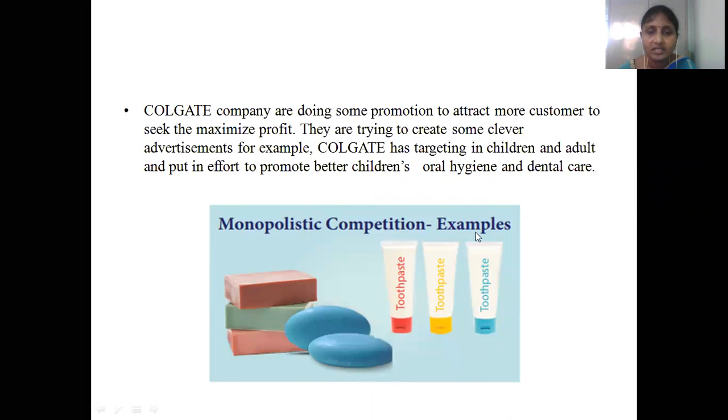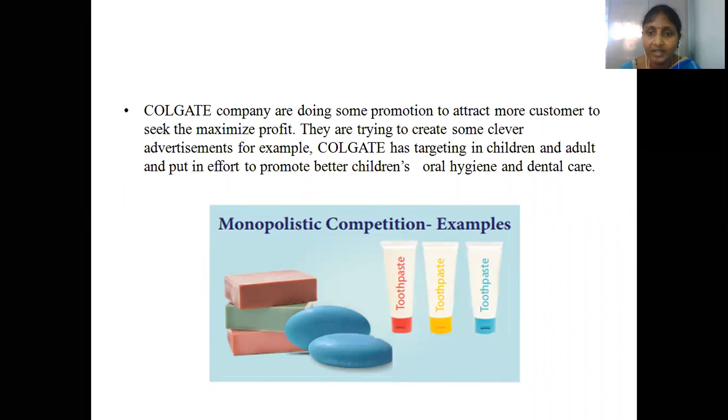Monopolistic competition examples are nothing but toothpaste and soaps which we use in the market. How are they attracting the people? If you take Colgate toothpaste, they are targeting children. They say this is very good for children's health care because as they are eating chocolates and sweets, it will not spoil the teeth.